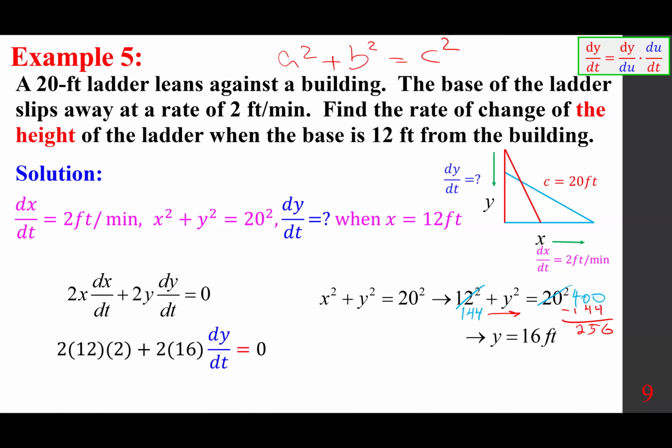2 times x, which is 12, times dx/dt, which is 2, plus 2 times y, which is 16, times dy/dt, which is missing, is 0. And we get 48 plus 32 dy/dt equals 0.